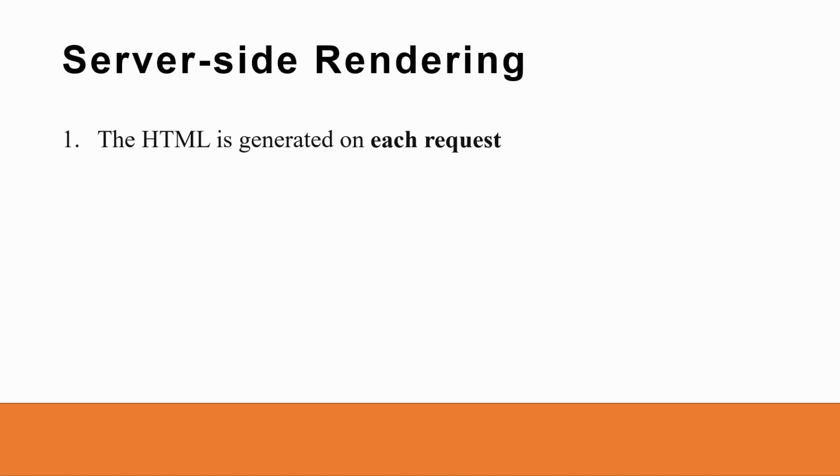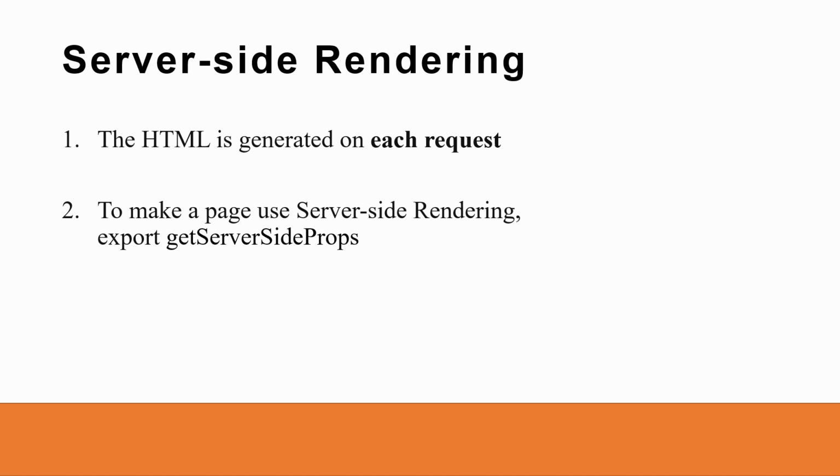If a user requests the HTML page, we build a new HTML page and provide it. After a few minutes, another user requests the same page. That time also we create a new page and provide it. This is the difference between server side rendering and static site generation.